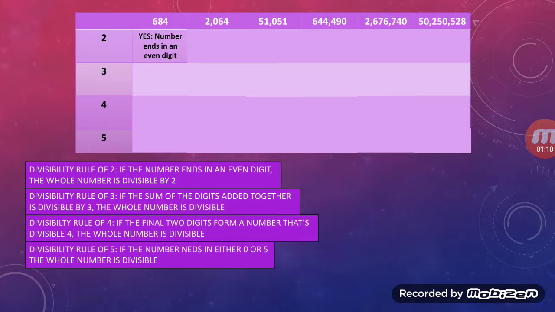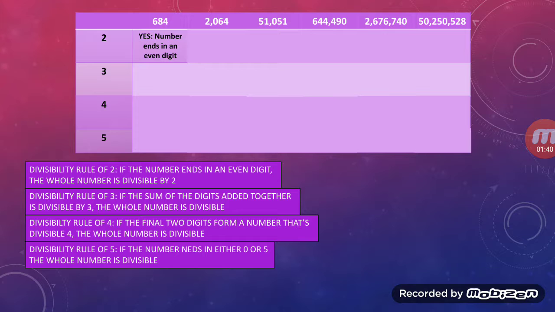So, for example, at the top of the graph, we see the numbers 684, 2064, 51,051, 644,490, 2,676,740, and 50,250,528. And we've also been given an example for number 684.